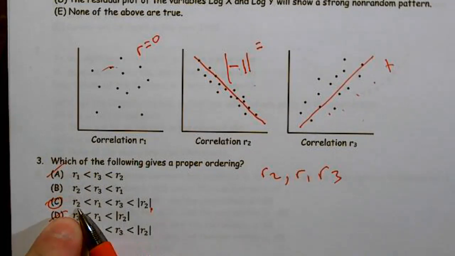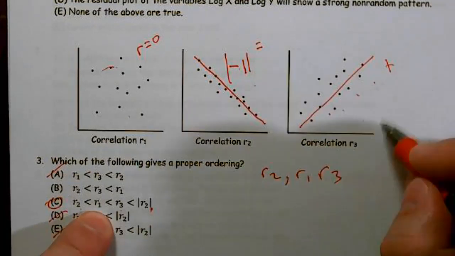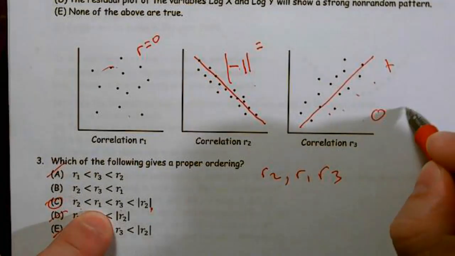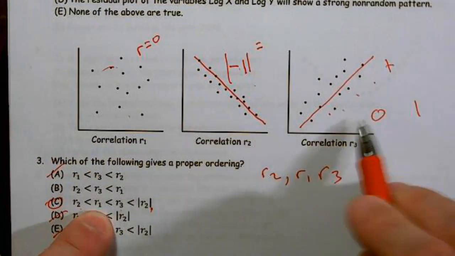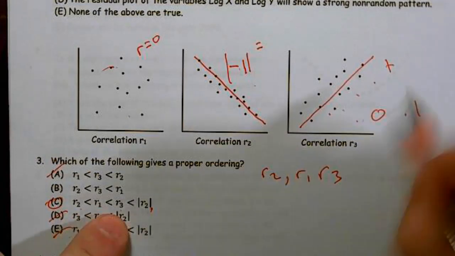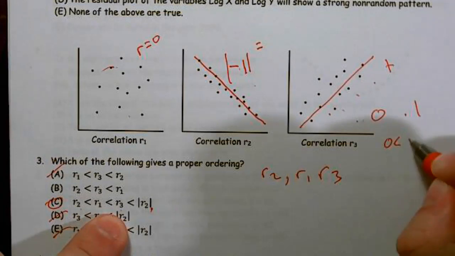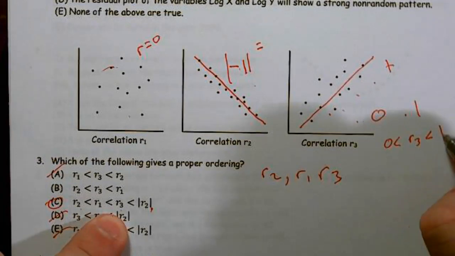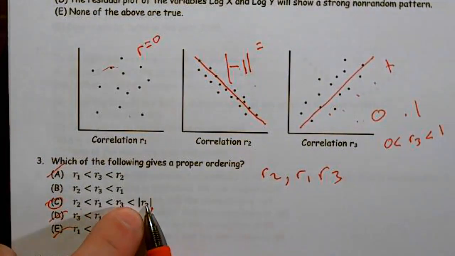Because R without the absolute values is close to -1. This is close to 0. This is between 0 and 1 somewhere. And I guess I should put 0 less than R3 less than 1. And then the absolute value of R2 is going to be pretty close to 1. This is going to be close to 1.